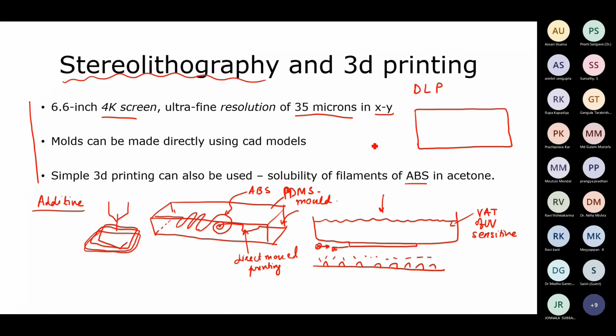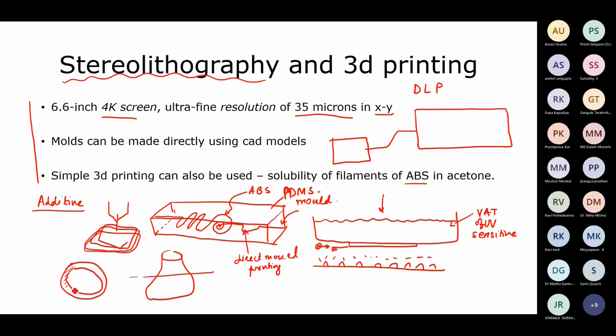Now what happens is this display is connected to the processor, and suppose you want to make a small object like this. If I look at the top view of this particular layer, it would be something like this.